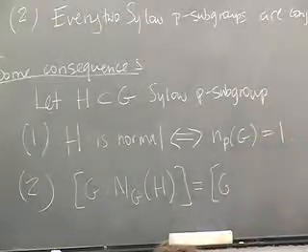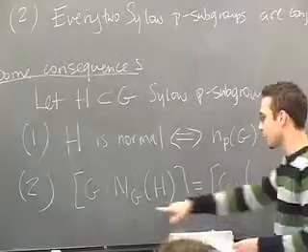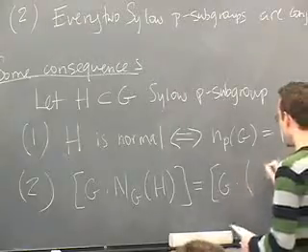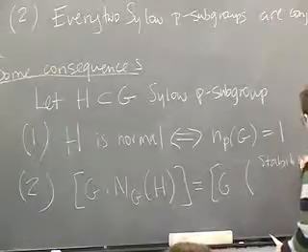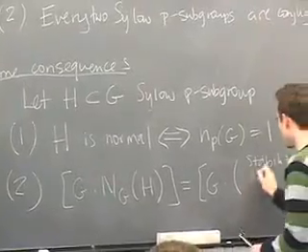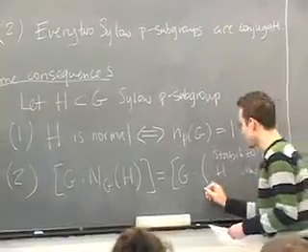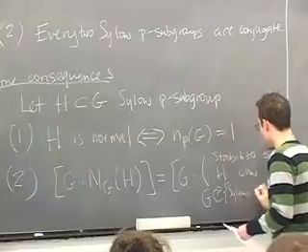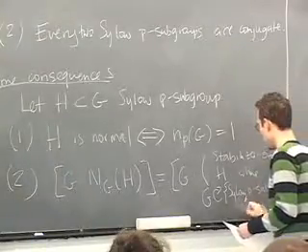This is just the counting formula. So this thing is the same thing as the index in G of the stabilizer. I mean, this thing is by definition the stabilizer of H, where we have G acting on the Sylow p subgroups by conjugation.